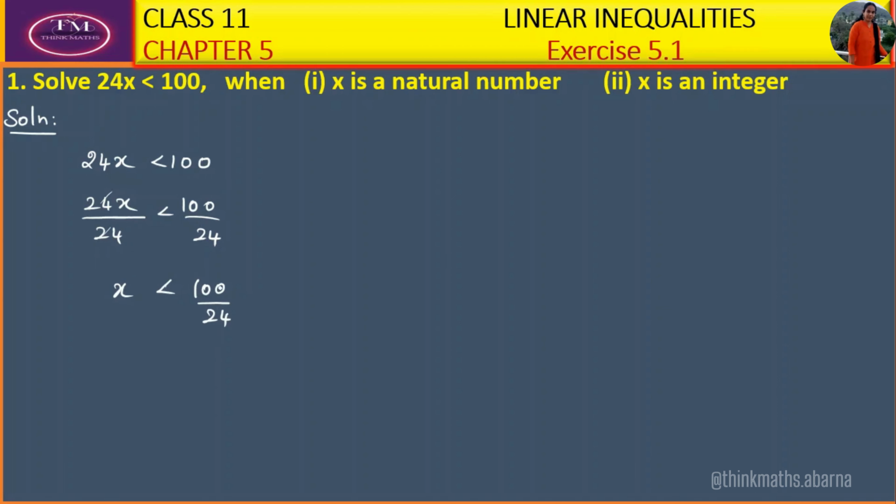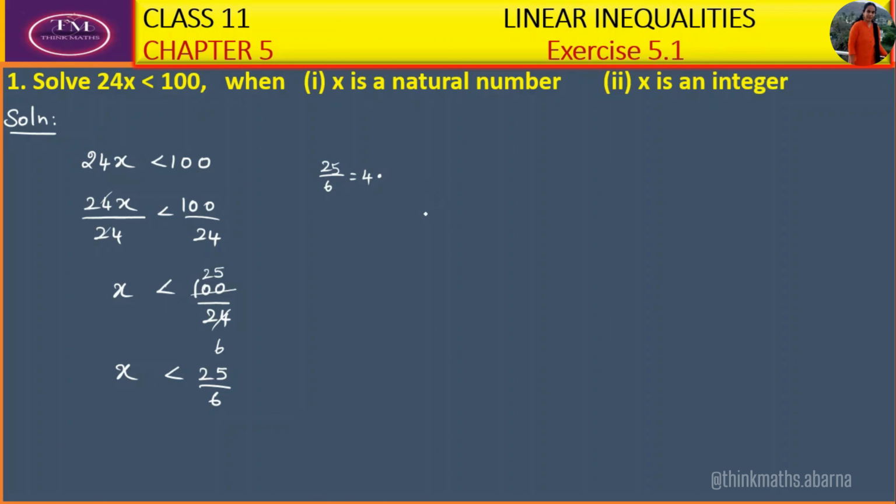So 100 and 24 are divisible by the 4 table. So 6 4s are 24, 2 4s are 8, balance 2, 5 4s are 20. So x is less than 25 by 6. So what is the value of 25 by 6? So it is 4 6s are 24, balance will be 10.